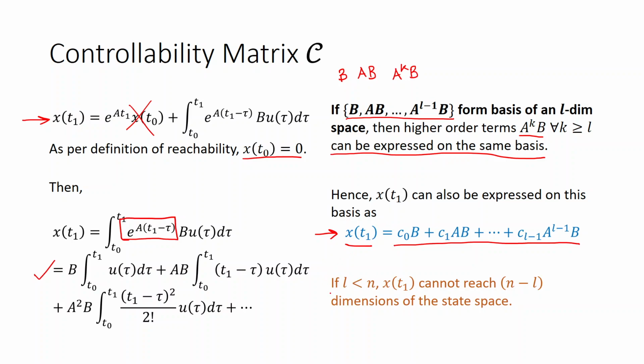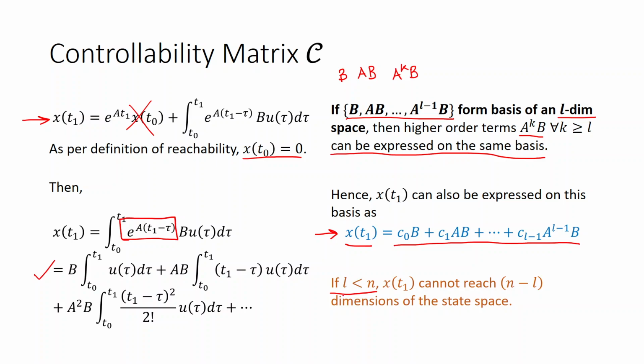Now if L is less than n, so this xt1 is able to reach how many dimensions? L number of dimensions. As per our consideration, it is able to reach L number of dimensions.